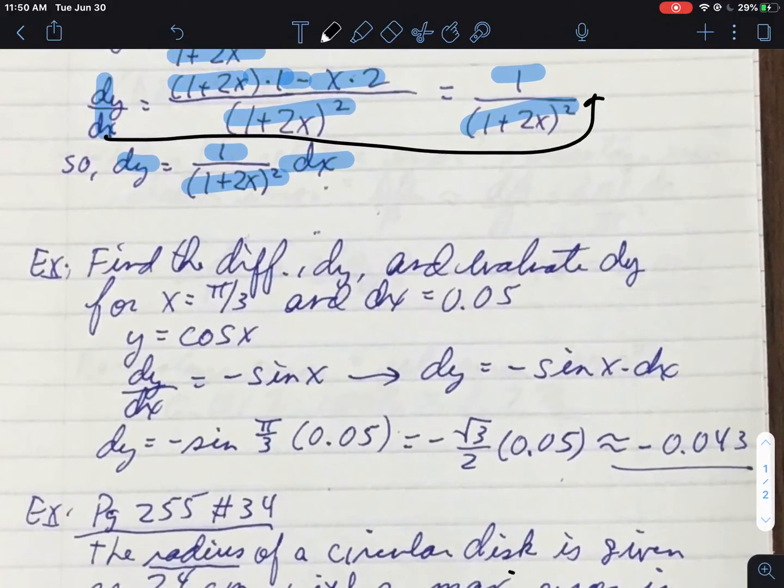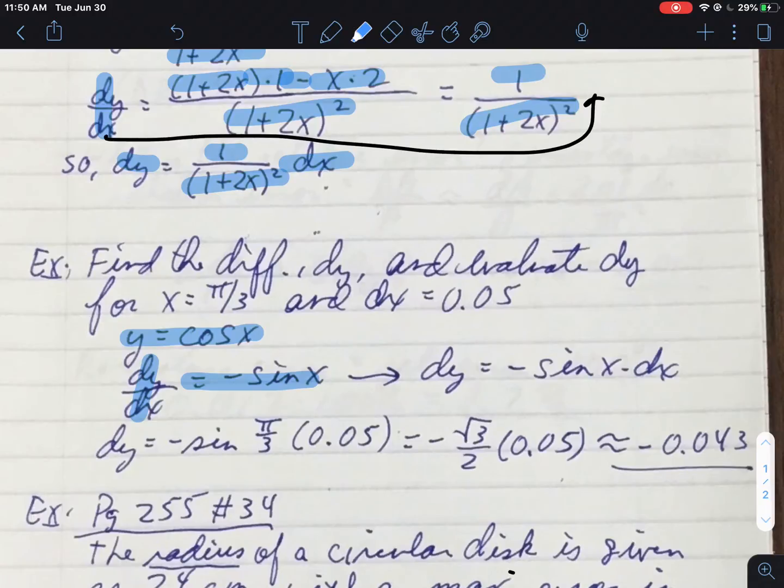So similarly with the next one, right? So here I'm finding the differential dy. This time we're going to actually evaluate dy, given a value of x equal to pi over 3 and dx equal to 0.05. So we're looking at, in this case, the equation y equals cosine of x. We want to approximate dy, so again, we'll start by finding our derivative, dy dx. The derivative of cosine is negative sine.